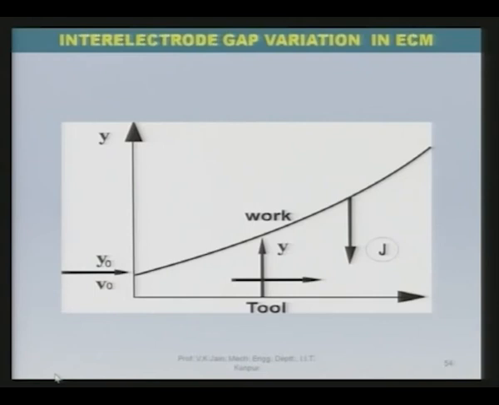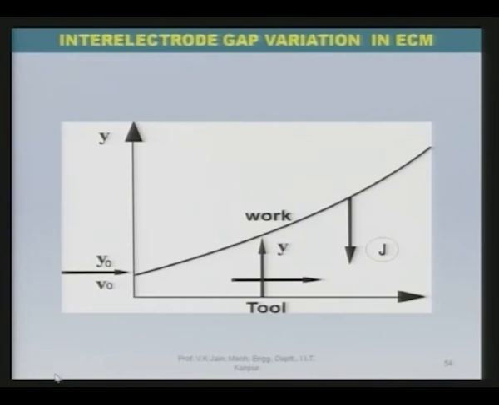Now, this figure indicates how the current density is varying along the electrolyte flow path. You can see the workpiece is shown there, the tool is shown, and the shape of the workpiece is continuously changing from the inlet to the outlet.